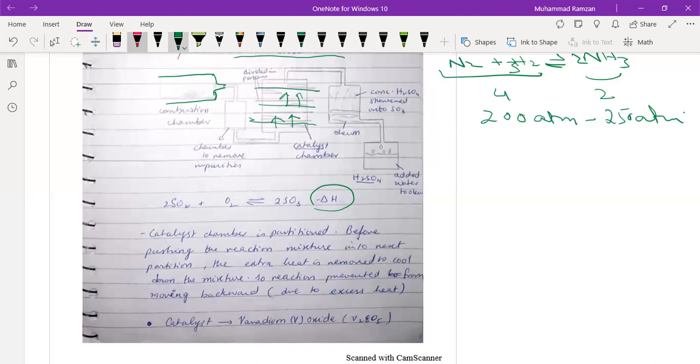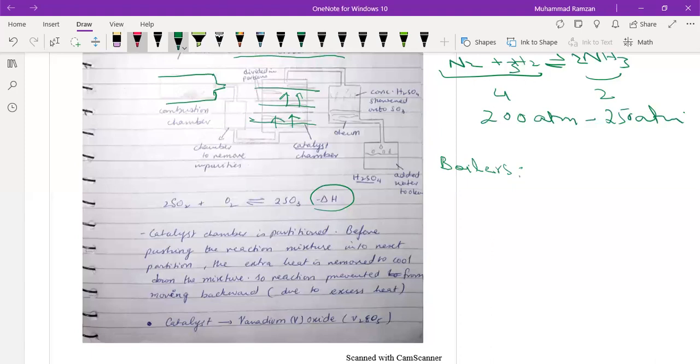This extra heat which we remove, we use to operate boilers. This is the boiler steamer. We run boilers due to the extra heat removed.